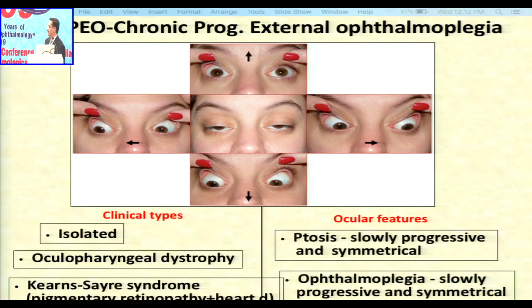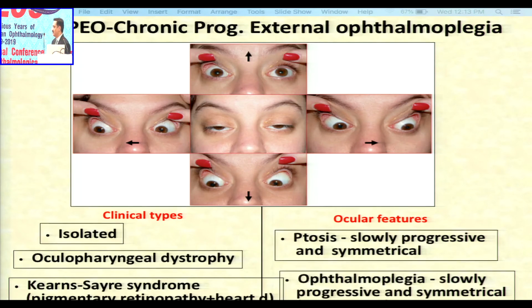CPEO, I have already told you, this is a common muscular dystrophy. Symmetrical involvement, muscle movements are also restricted along with ptosis. Unfortunately, there is no treatment. Bell's is poor in these patients, so you will have to do planned undercorrection, and silicone rod is a very useful procedure.